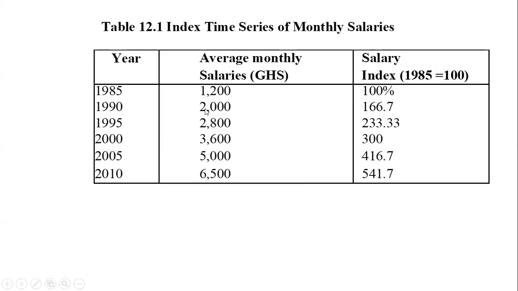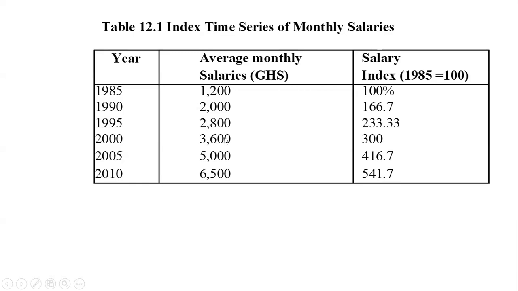So for 1990, the salary is 2,000, divided by the salary for 1985 and multiply by 100. Then you get this. Now you go to 1995, you divide the salary for 1995 by the base year, 1985 salary, and multiply by 100. That gives you this.